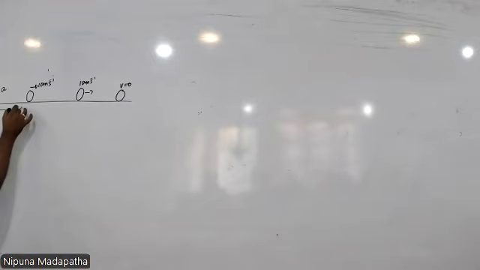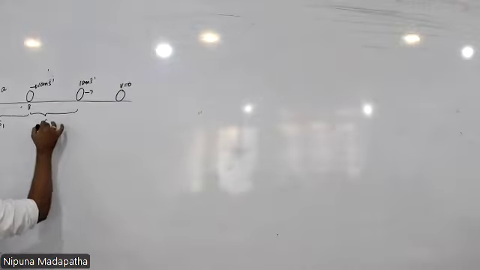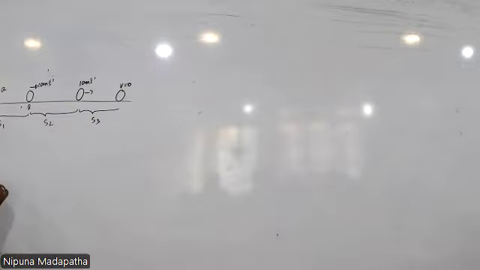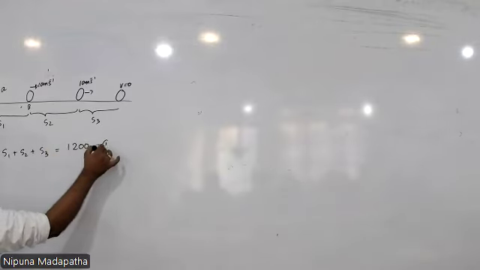Suppose this distance is S1, the distance here is S2, and the distance here is S3. So the total distance is given by the sum of these three, which is 1,200 meters.